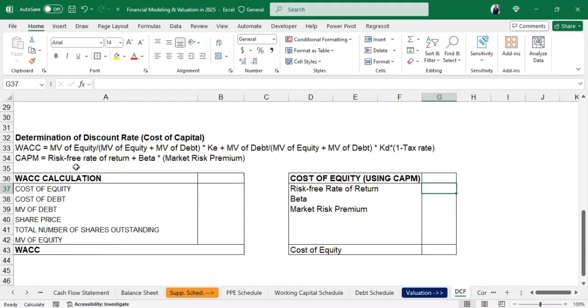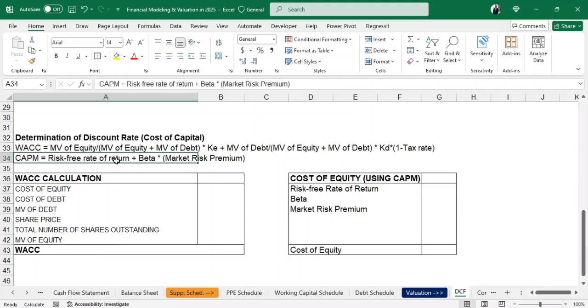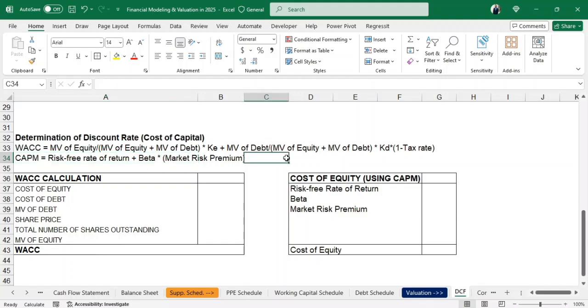So the cost of that equity is going to include the risk-free rate of return, for which we usually take the government treasury bill as a benchmark. In finance we mostly categorize government treasury bills as risk-free securities. All right, and so the return on those treasury bills is what we call the risk-free rate of return.